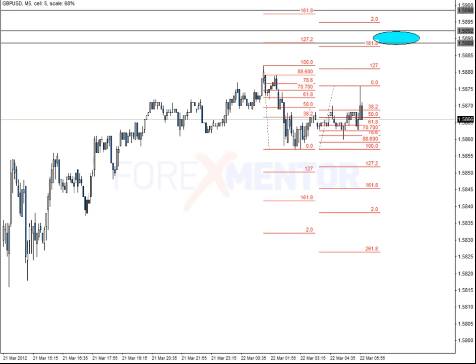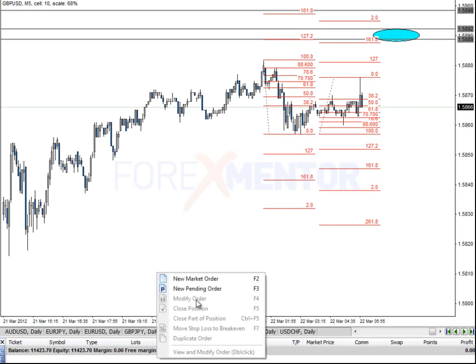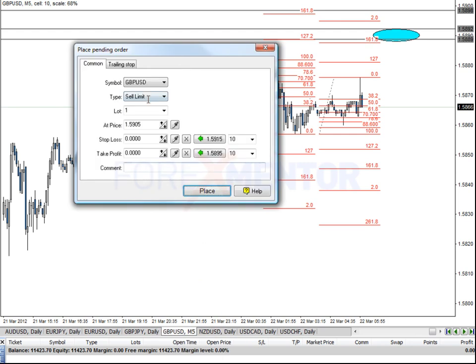Let's go to our order platform, and I'm going to put an order in, new pending order, sell limit. So put this in at 5, 8, 8, 8, 1 pip below. It's a very small pattern that we're looking at here.